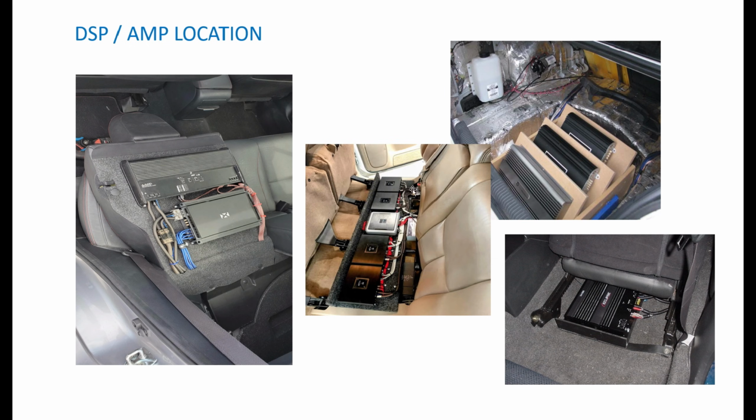But there are options to put your amplifiers under the rear seats, behind seats. For example, if you've got a pickup, it's not unusual for people to mount amps and DSPs on the back of the seats, or on the back of the rear wall behind the front row of seats. Or if you've got room underneath the seats themselves, that is another option.